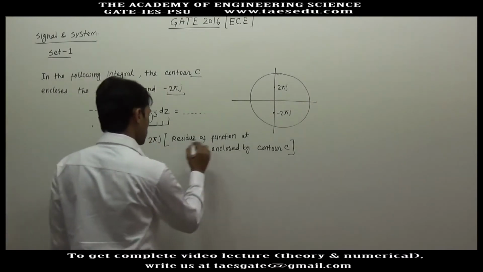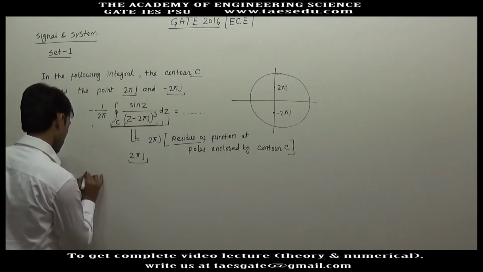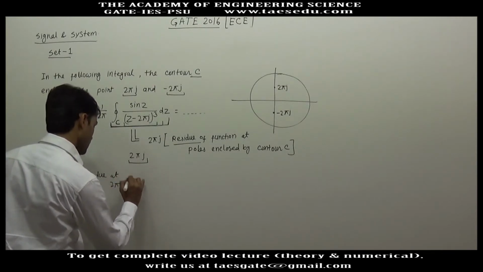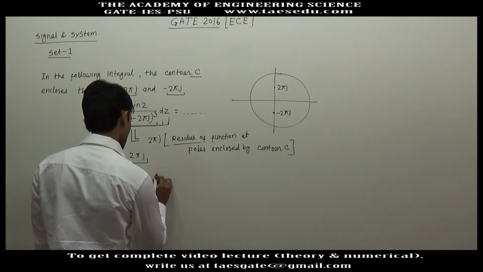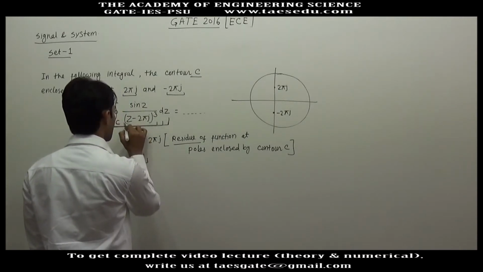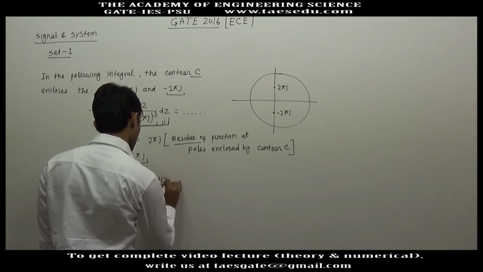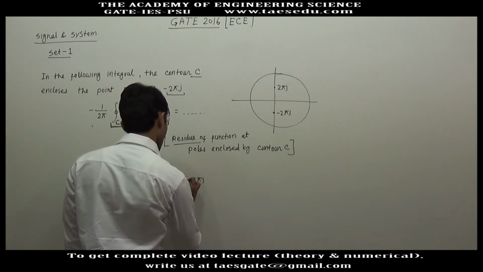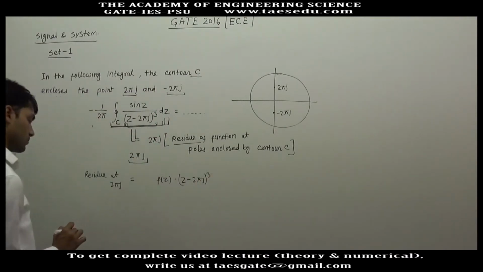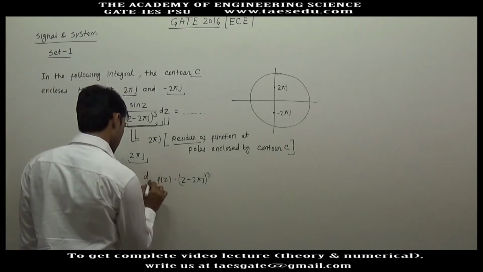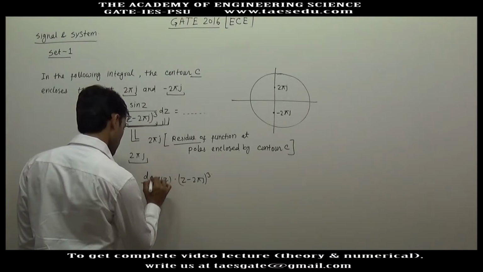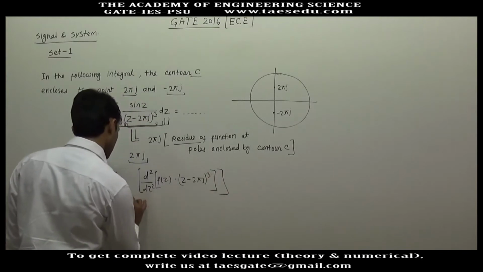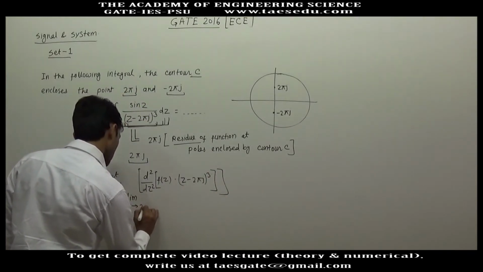And the formula to calculate residue at 2 pi j will be equal to, let's say this is f(z), it has a triple pole, so we will multiply z minus 2 pi j to the power 3, and it will be differentiated twice with respect to z, d2 by dz square of this, and then we will apply the limit z tends to 2 pi j.